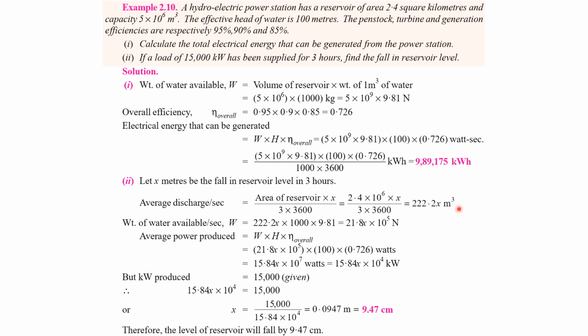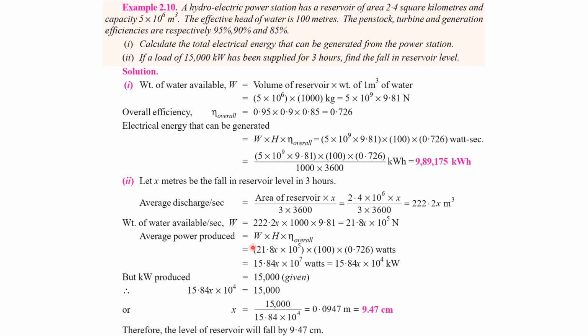This is the volume of the water which has been discharged in 1 second. The weight of the water available per second can be found from this volume discharged every second, into the density of water, into the gravitational acceleration. That comes out to be 21.8 x into 10 power 5 newtons.